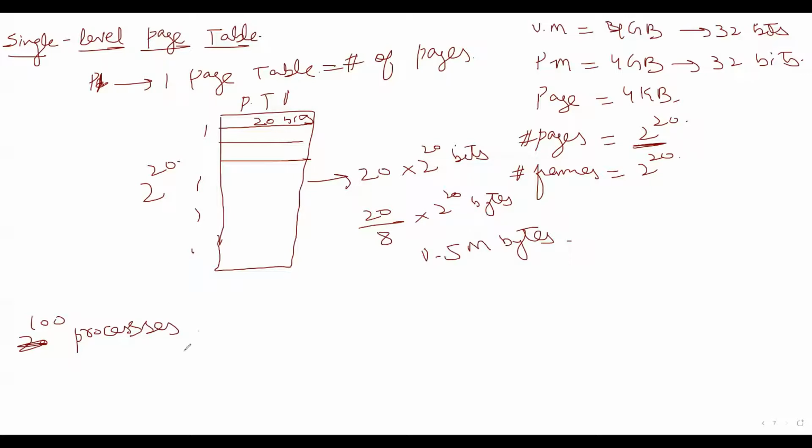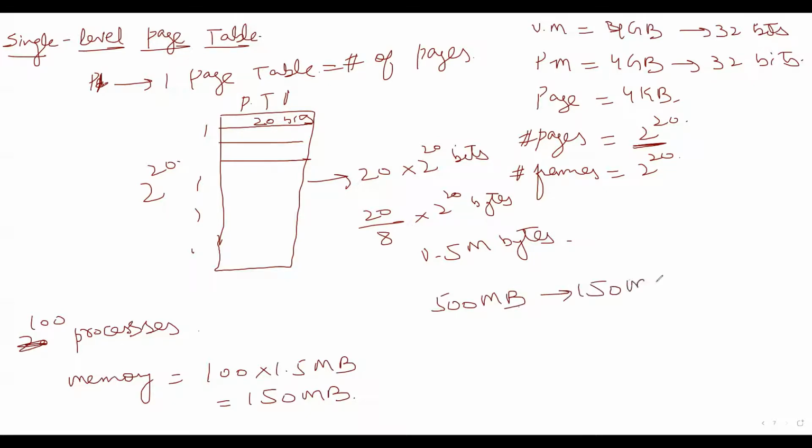Having 100 processes, what is the memory required to store the page tables for all the processes? It will be 100 into 2.5 megabytes. Okay. So let's say my physical memory is 500 MB. Out of 500 MB, 150 MB is used to store page tables.